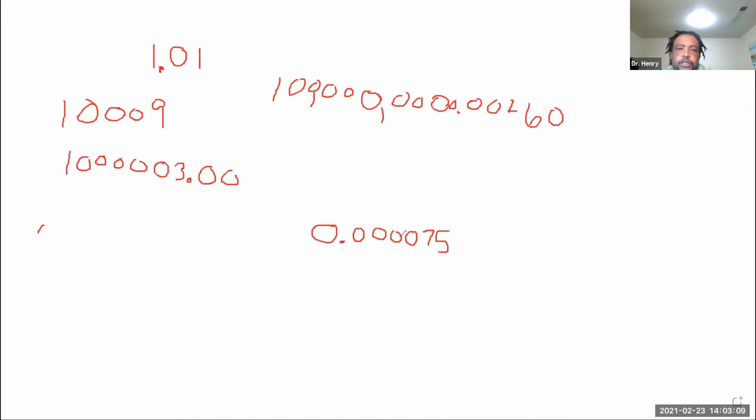They're just being used as space holders so that we don't screw up the count of what it is. So these guys aren't significant. Then how many significant figures would I have here? 2. This guy would have 2. We're going to use sig figs for the abbreviation for significant figures.